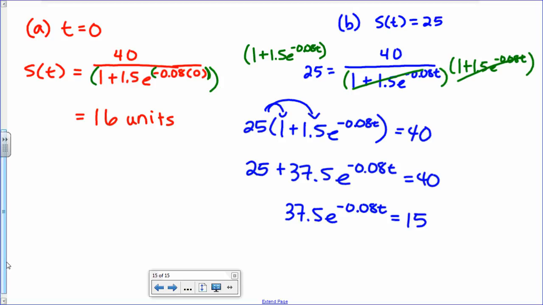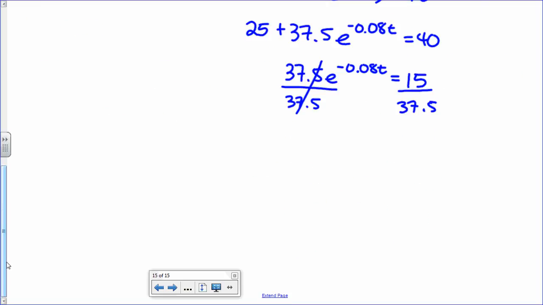Subtract 25, we get 15. Divide by 37.5, and I think that's 0.4. If you had to round, you'd want to leave that as a fraction, but 0.4 is okay for now.